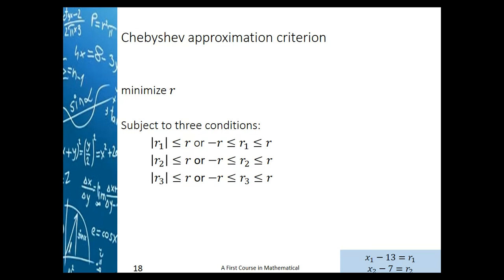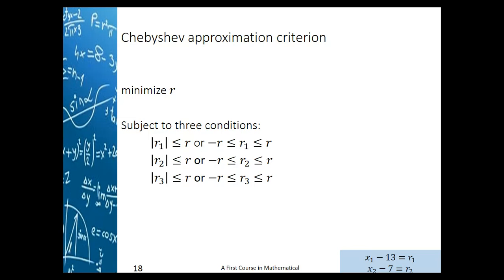This minimization of R must be subject to these three conditions: my R1 must be less than R, my R2 must be less than R, and my R3 must be less than R.